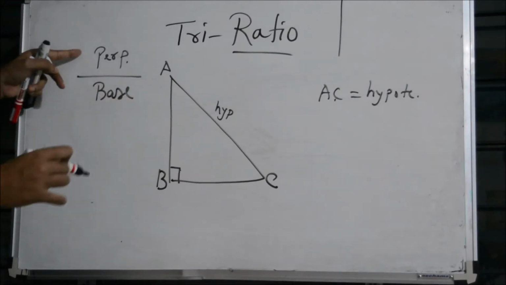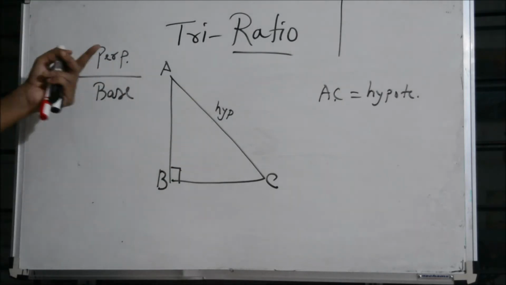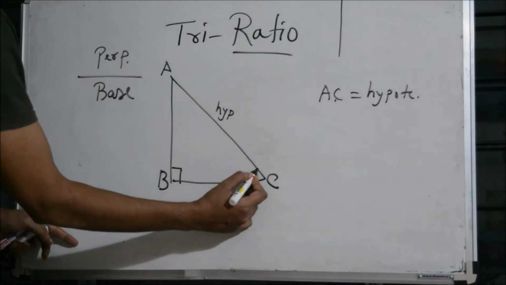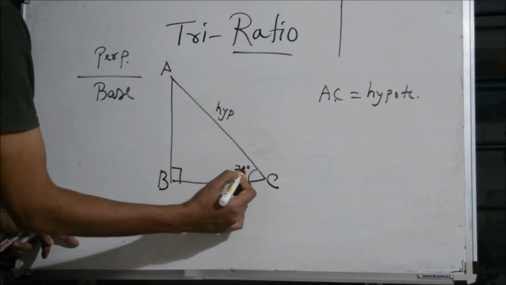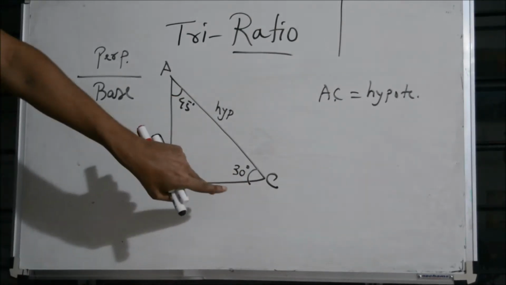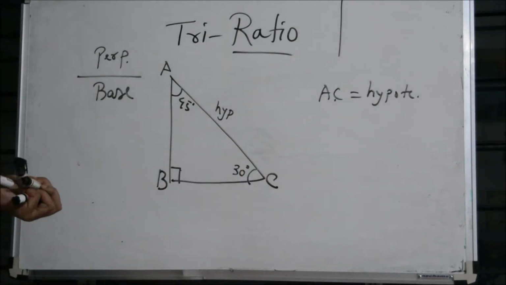But this perpendicular and base keep changing with respect to the angle. Suppose now this angle is 30 degrees and this angle is 45 degrees.